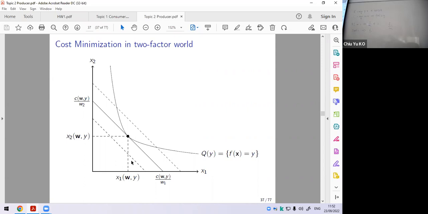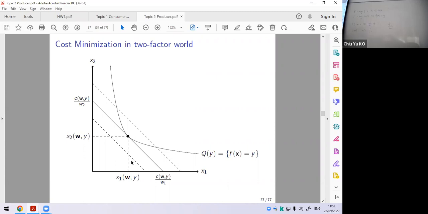At the point here, right? If the input increases with my output, that is called a normal input, okay? If it turns out the line is like here, then it's an inferior input, okay?